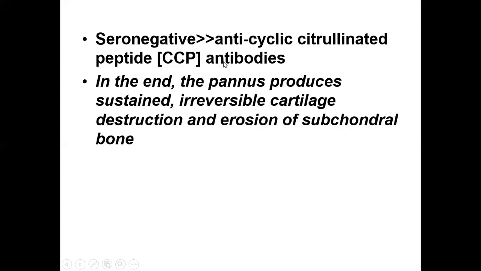Anti-CCP antibodies are ACPA antibodies, anti-citrullinated protein antibodies. And the pannus formation produces sustained irreversible cartilage destruction and erosion of the subchondral bone.